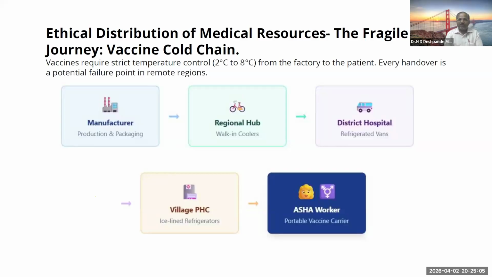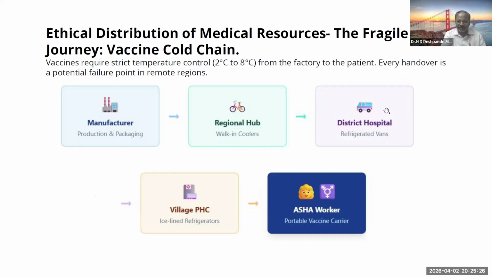Now, distribution of vaccine, which was dealt with in the previous class, is also from the same, like how it gets manufactured, from production and packaging, then it comes to the regional hub and goes into the walk-in coolers. Then it goes to the district hospital in refrigerated vans. It must be stored cool, otherwise it will lose its impact.